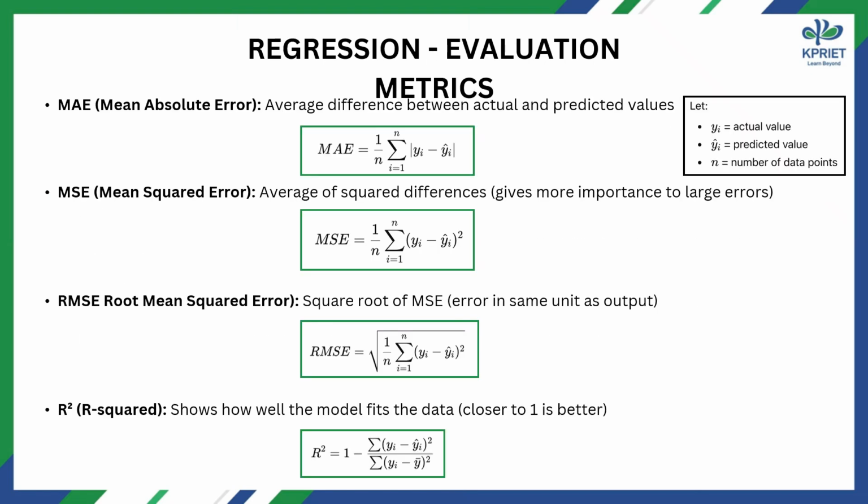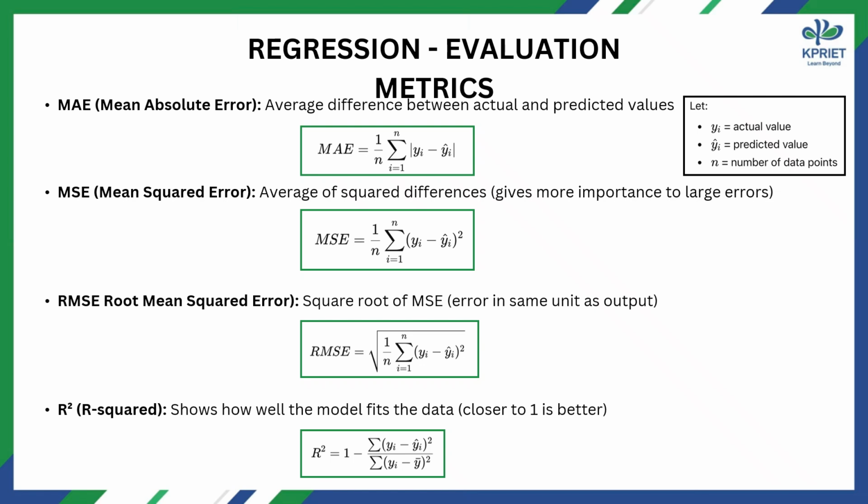So for mean absolute error, this is the formula where yi is the actual value, yi cap is the predicted value, and n is the number of points. It is the average difference between the actual and predicted values, which is the summation of yi minus yi cap divided by n. The mean squared error is the average of squared differences, which gives one more square in addition to the previous expression, where yi minus yi cap the whole squared is given here.